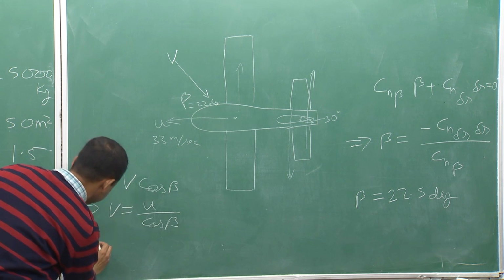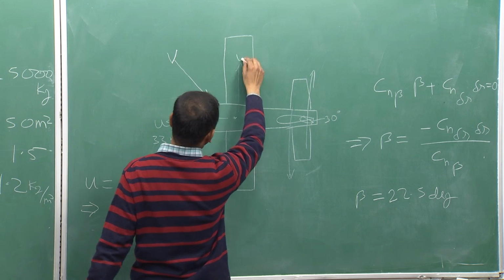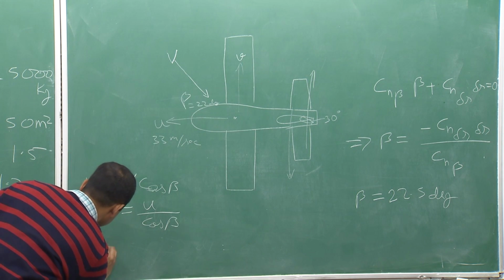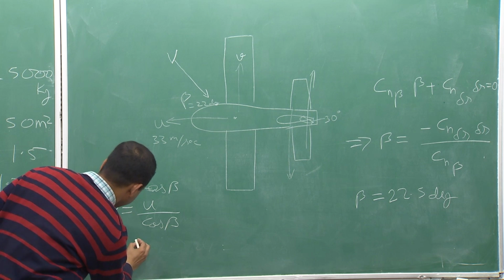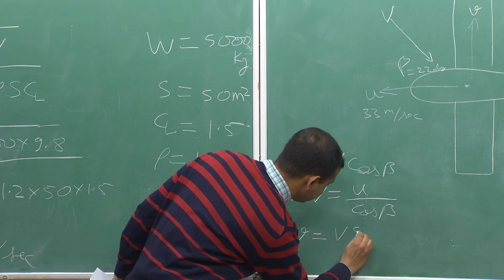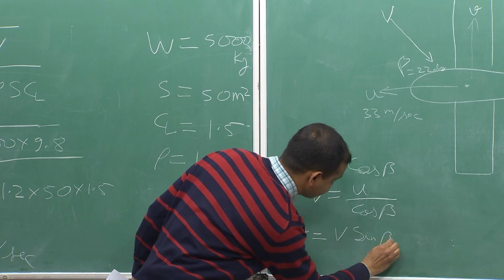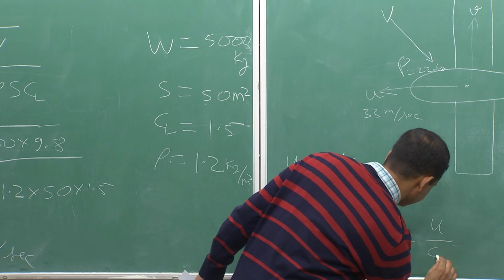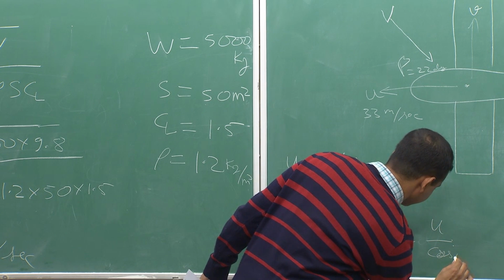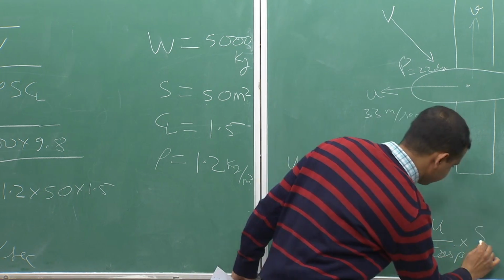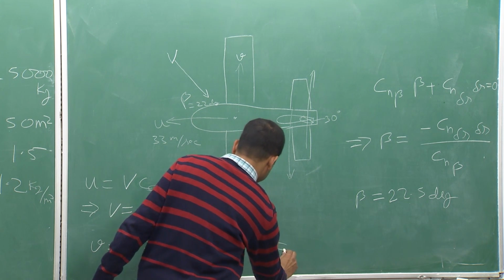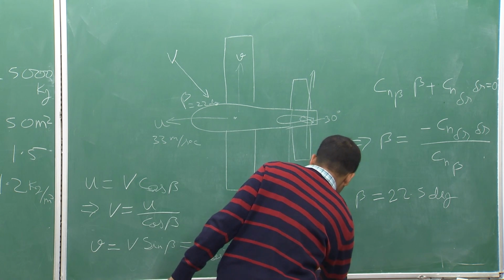So, if I write this with the small v, I can write v is equal to capital V sin beta, and this will be u by cos beta into sin beta, and this will be u tan beta.